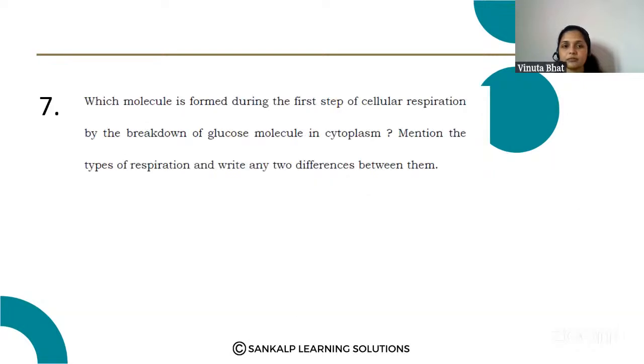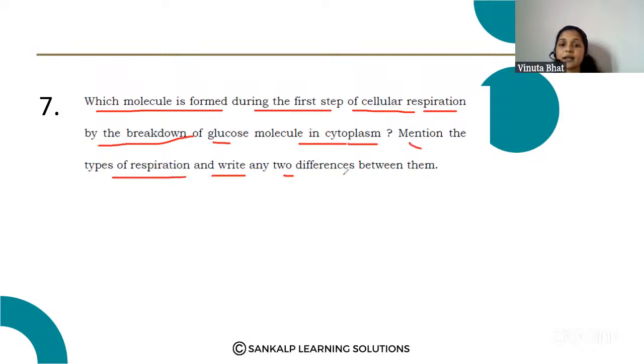Next question. Which molecule is formed during the first step of cellular respiration by the breakdown of the glucose molecule in the cytoplasm? Mention the types of respiration and write any two differences between them.